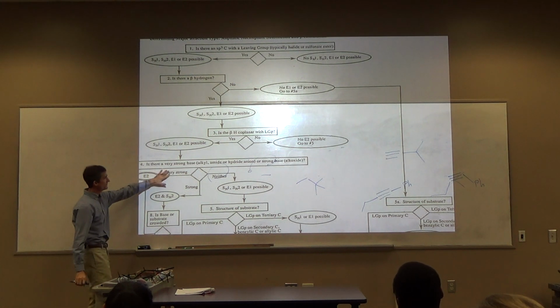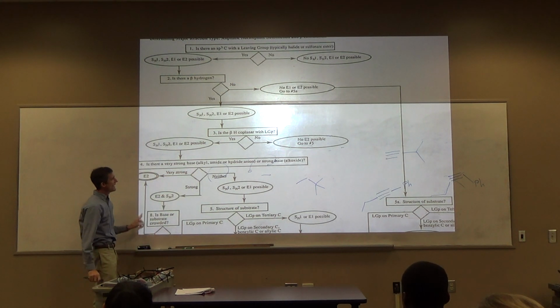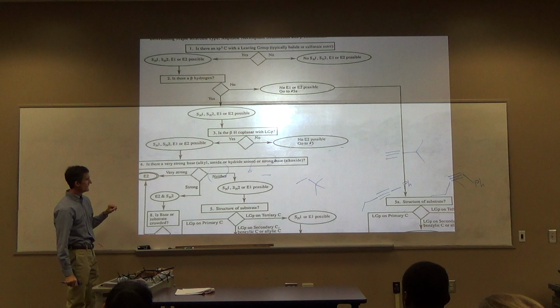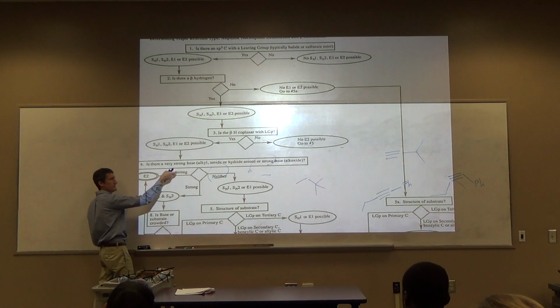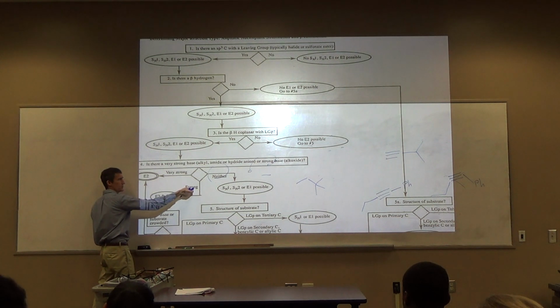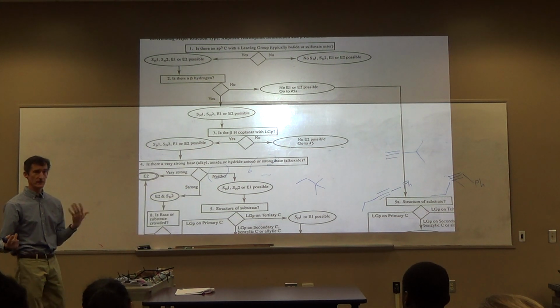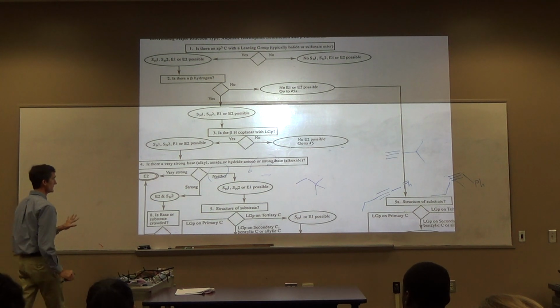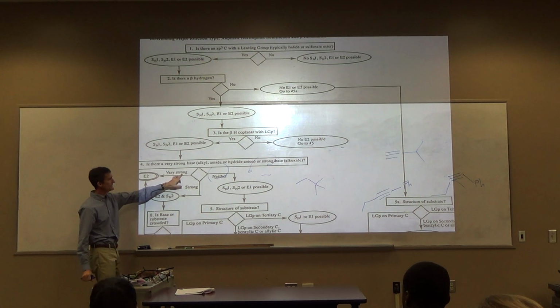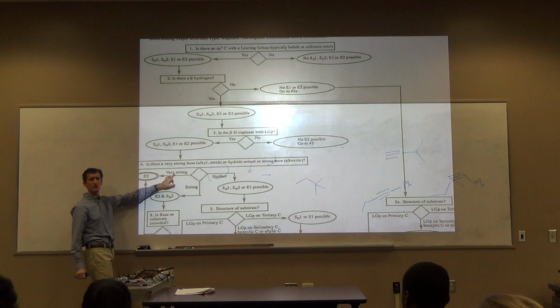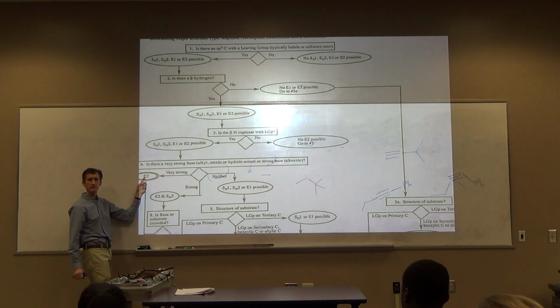Is there a very strong base present? This diagram differentiates between very strong and strong. I've never done that. I've just said strong or weak. Yes, if your base is like super, super strong, it'll prefer elimination.